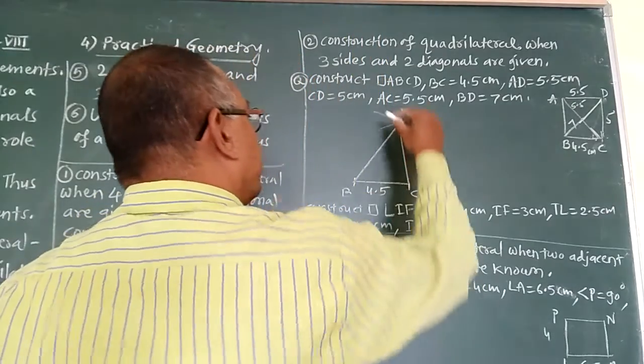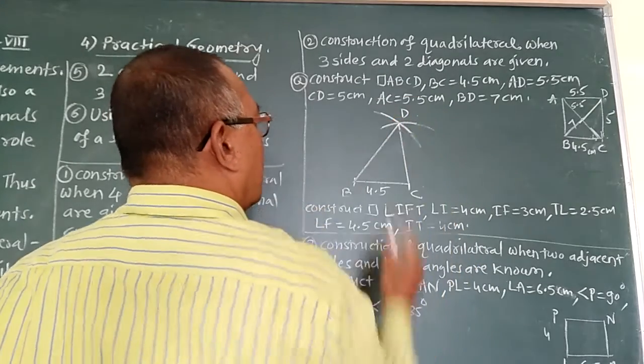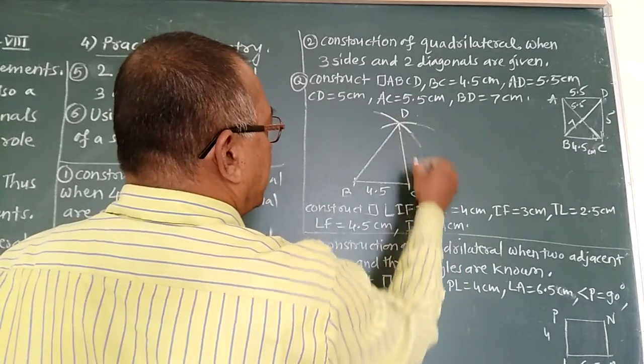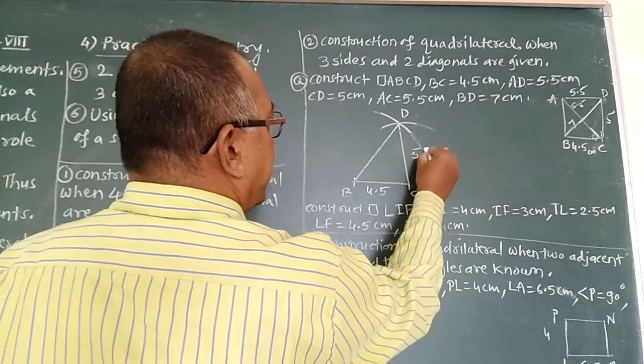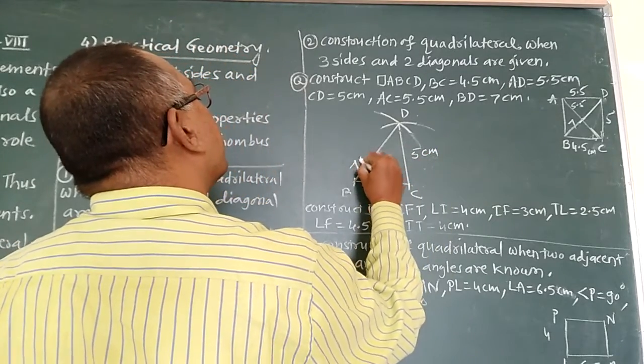Here the length of BC is 4.5 centimeter and BD is 7 centimeter.